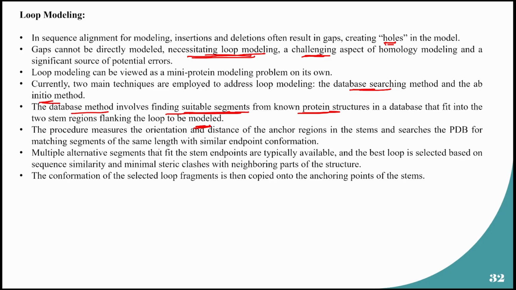Another method is the ab initio method. Ab initio means using first principles, right? That is a more computationally expensive process where you might have to sample a lot of structures for different parameters, let's say phi torsion angles. Then you might have to do an energy minimization process using force fields, so on and so forth.